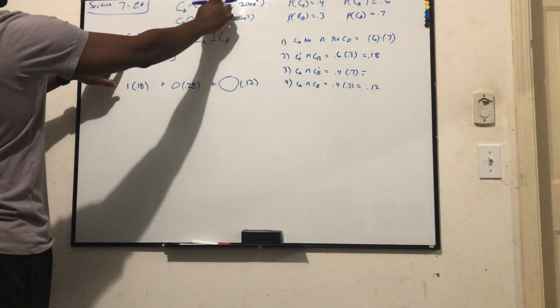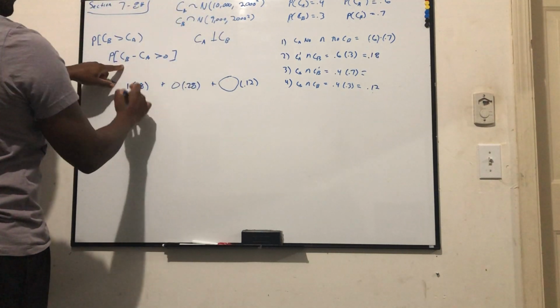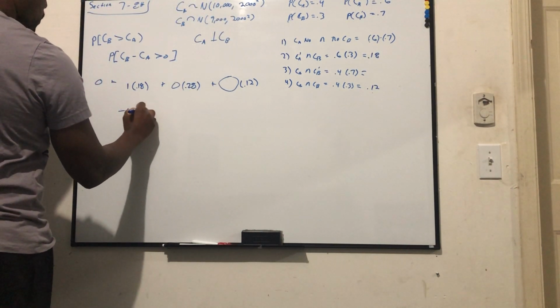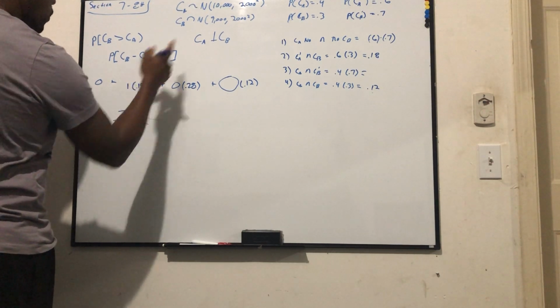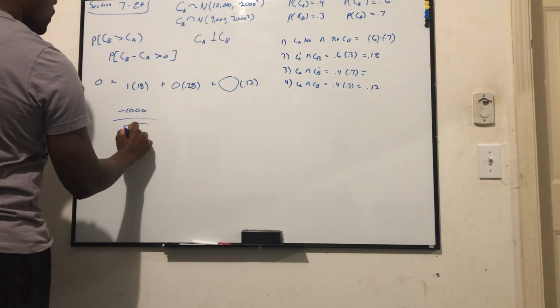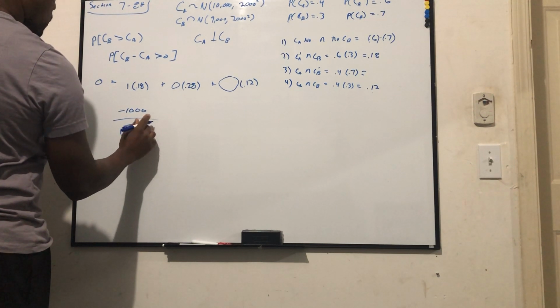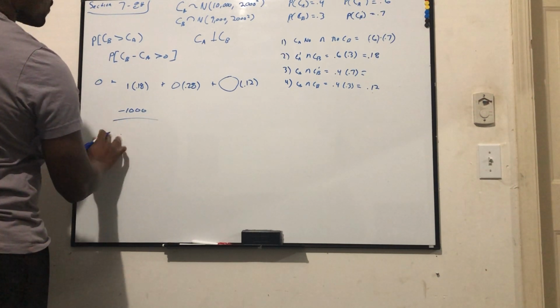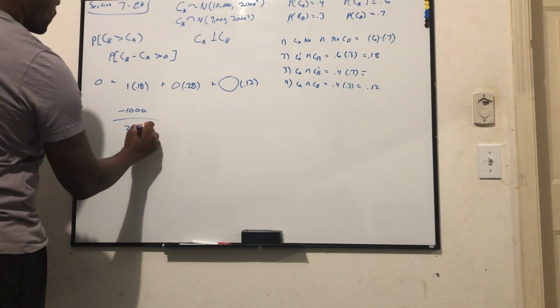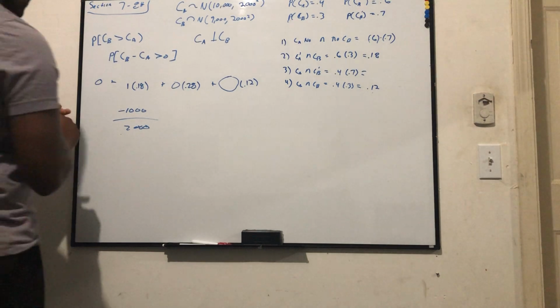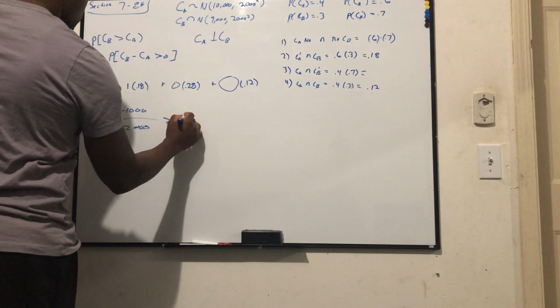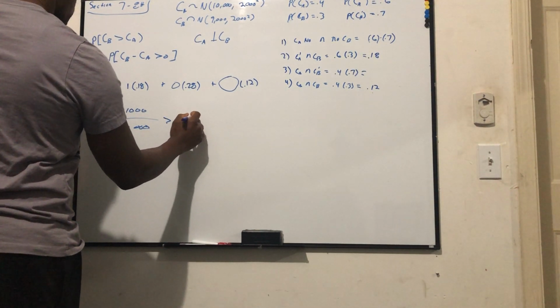9 to 10, basically negative 1,000, divided by the square root of, well, let's just say 2,000, shouldn't it? No, huh? Right? Has to be greater than 0, right?